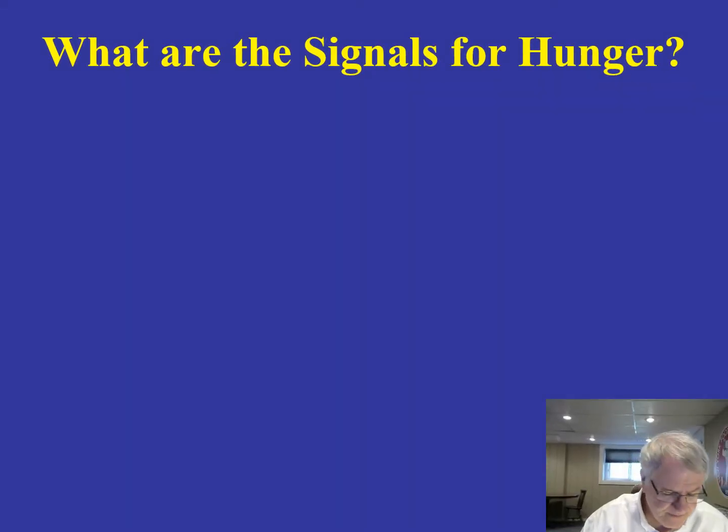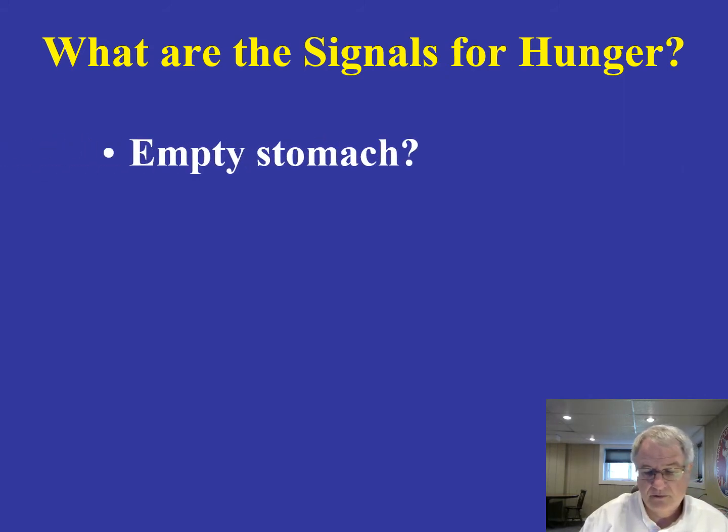So what are the signals for hunger? Well, certainly there are many who believe that the growling empty stomach is important, but if you cut the nerves that go from the stomach to the spinal cord to the brain, individuals still report being hungry and regulate their food intake just fine.